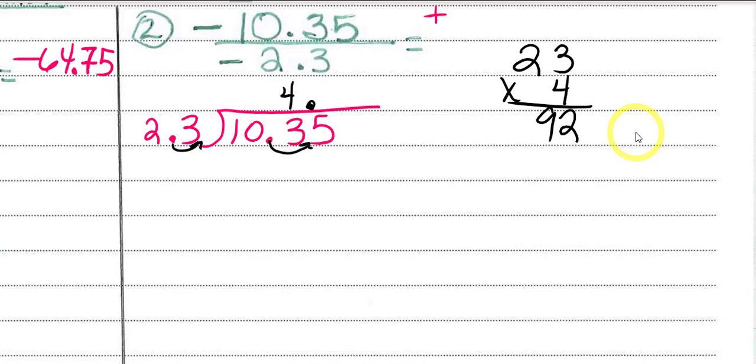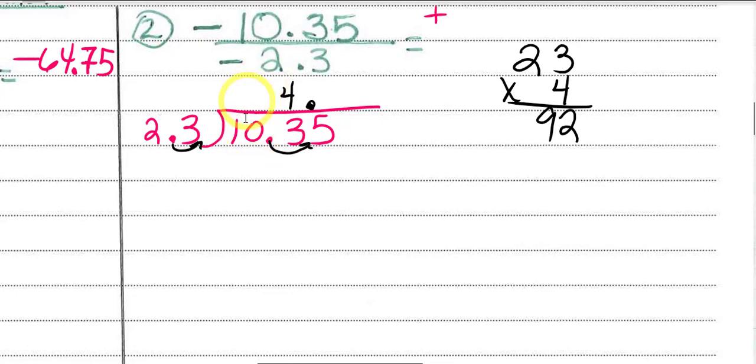And notice that I write it over the 3. I'm taking 23 out of 103. So the 4 should represent that. The answer should represent that it's coming out of 103. If you write the 4 over the 1, then you're saying that you took 23 out of 1 4 times, and that wouldn't be correct.